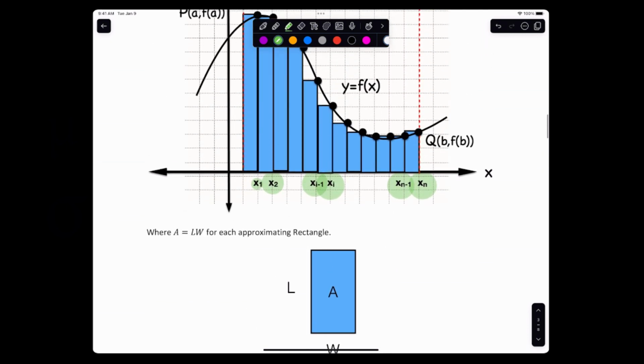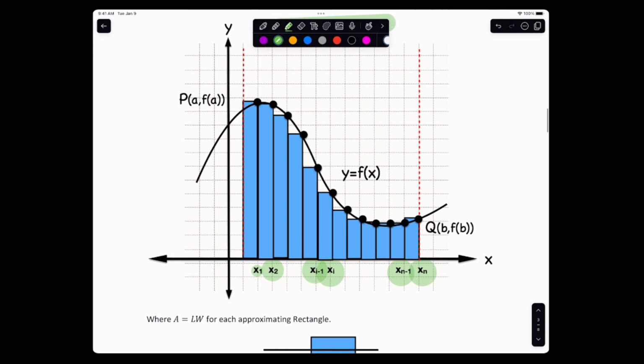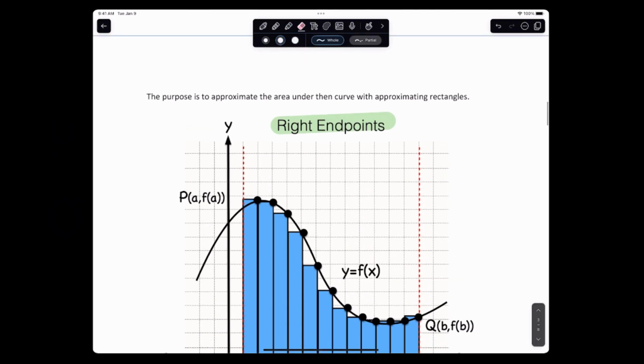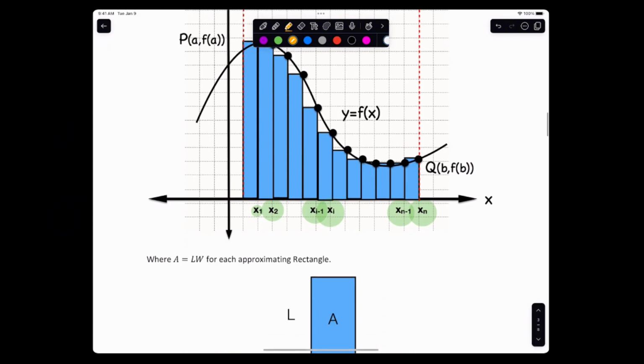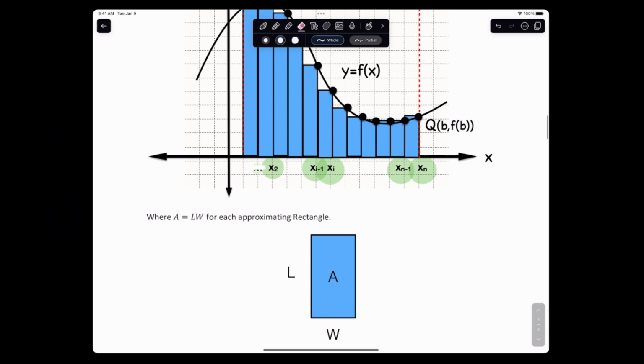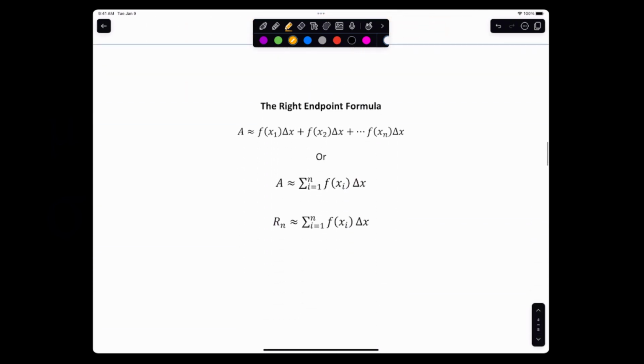What about the right endpoint? We started with the right endpoints, and that was orange. So let's use the right colors so people can see the consistency. Orange. So here's the formula.